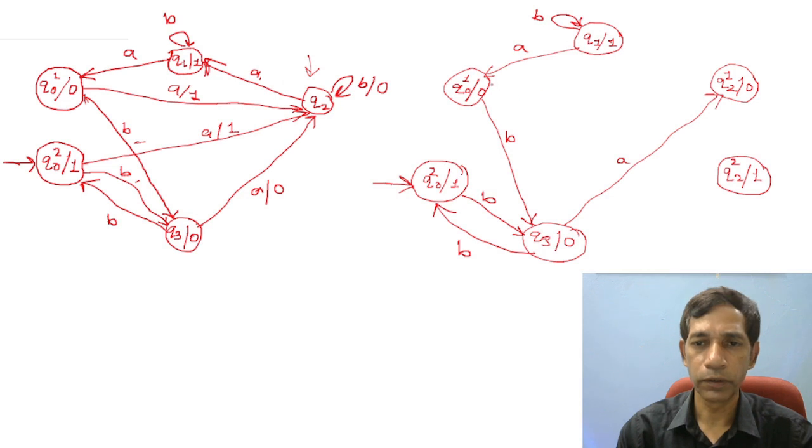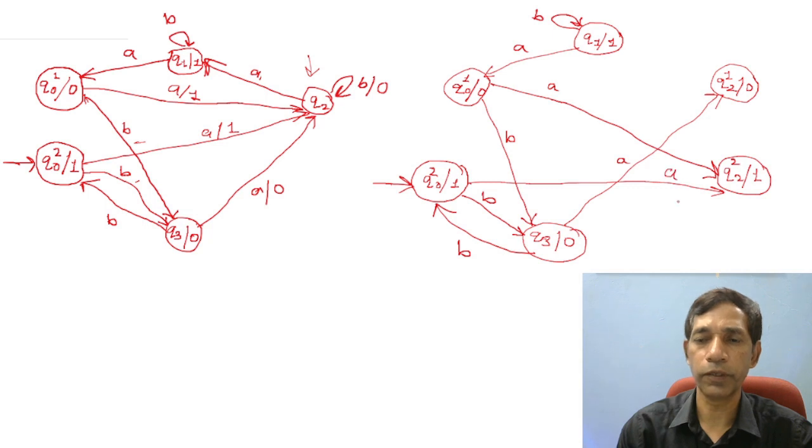For the 1 you are going to this state, and this is for the A. Now from the second copy also you are going to the state Q2 for the 1, and this is also for the case of A. So for output 1, though there are 2 incoming edges, you are joining to the second copy of Q2 which produces the 1.